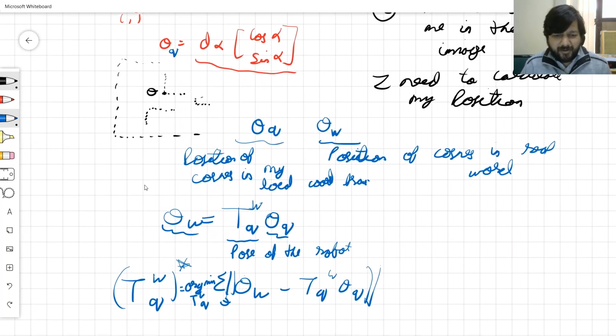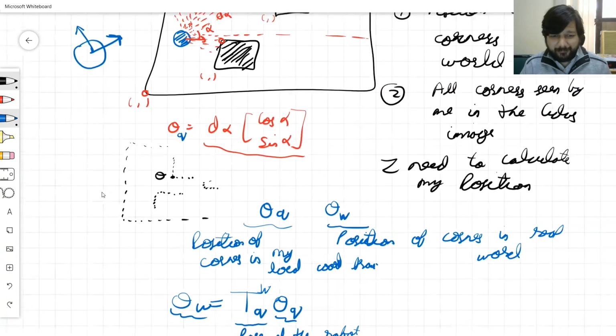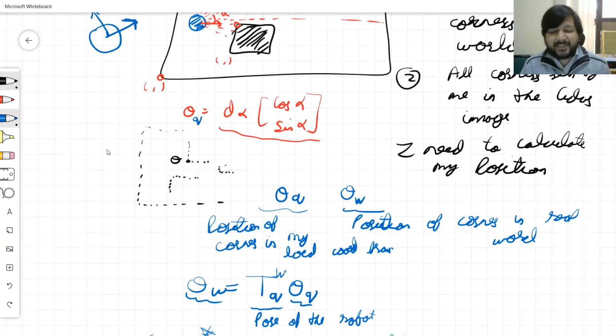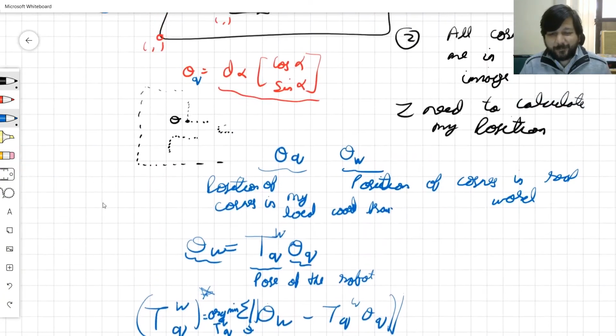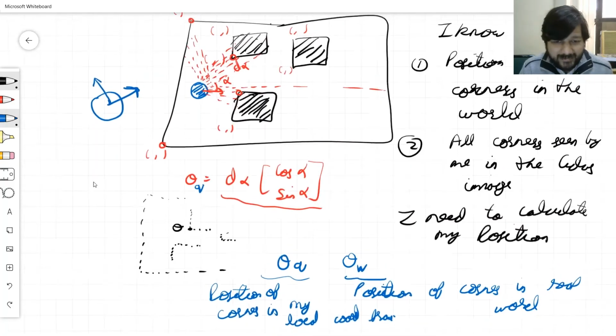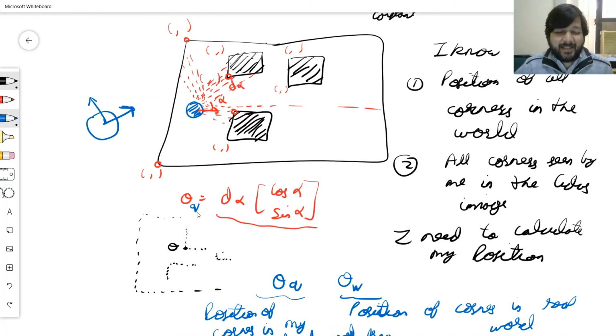Okay, so far so good. So I'm assuming that the correspondence problem has been solved. Basically I have 1, 2, 3, 4, 5, 6, 7 corners that I see over here. I've got 16 corners here. So I actually need to select which corner I am probably looking at.